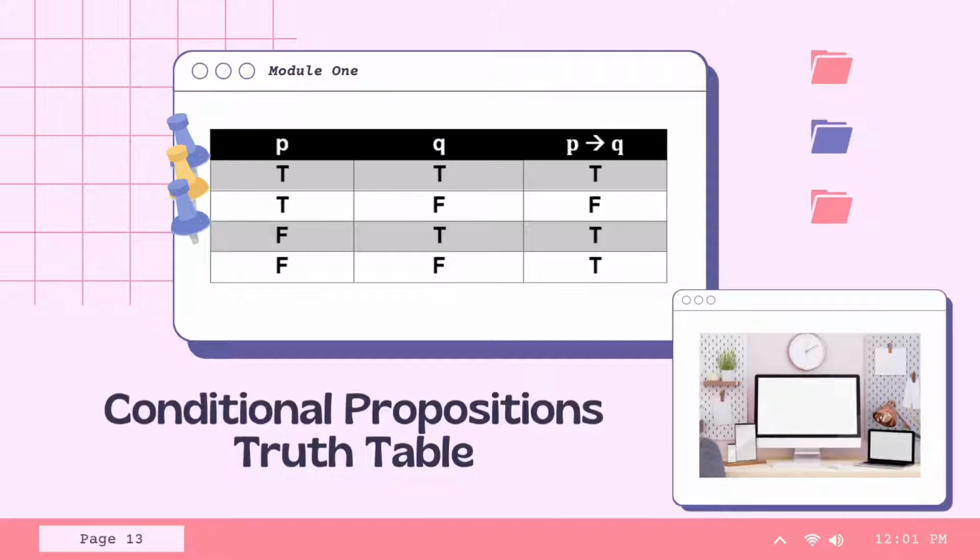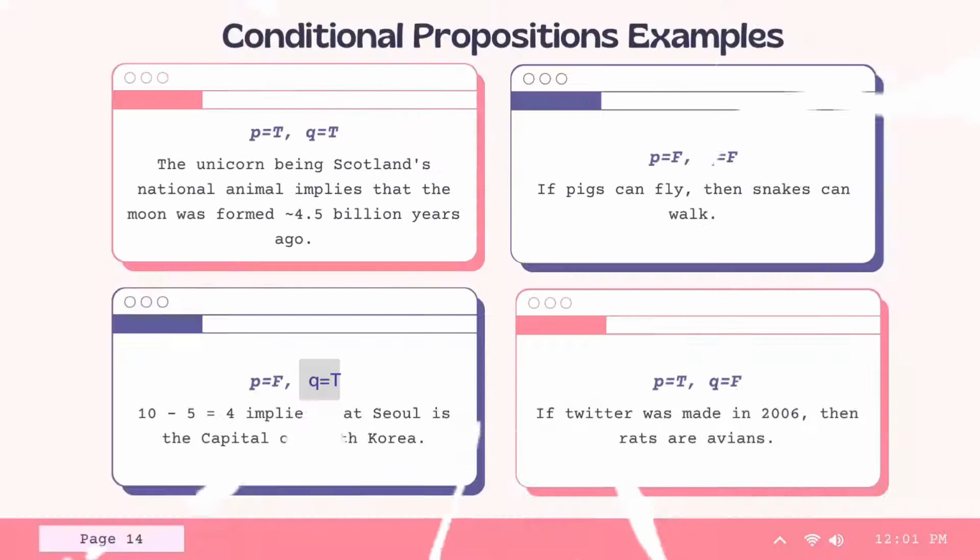As such, if P is false and Q is true, then the statement is also true, as illustrated by the third row. Lastly, if P and Q are both false, then the statement is true, as seen in the fourth row. Here are some examples for each truth value of conditional propositions.